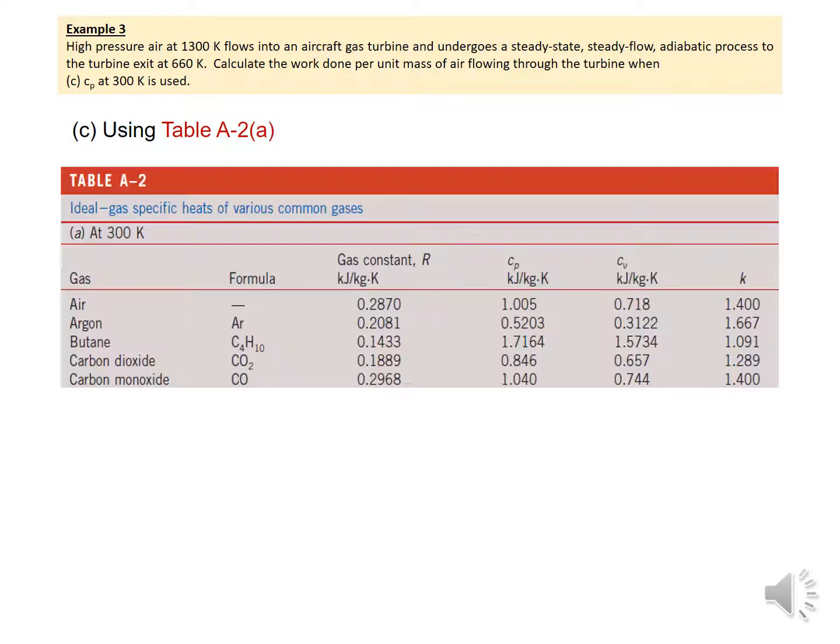Using table A2A at temperature equals 300 degrees Celsius for the air, Cp of the air equals 1.05 kilojoule per kilogram Kelvin.